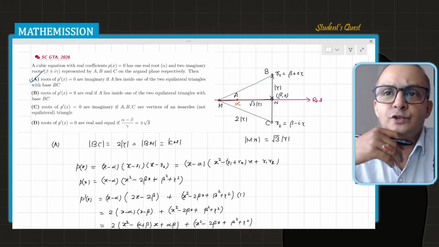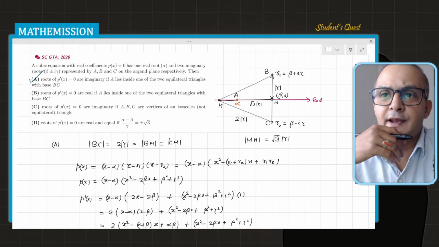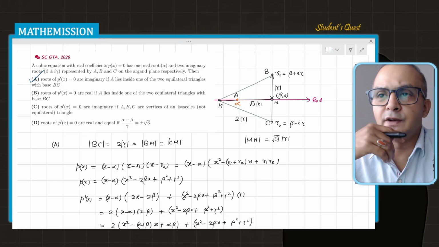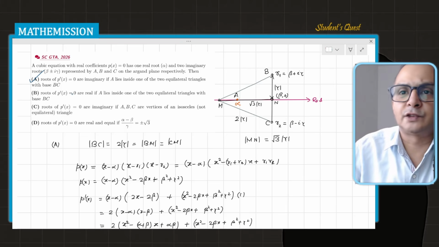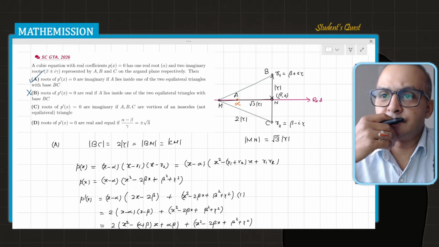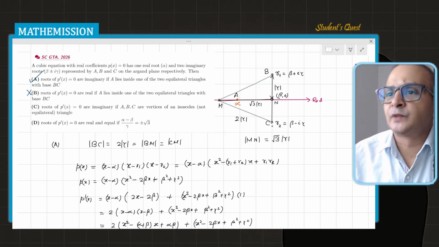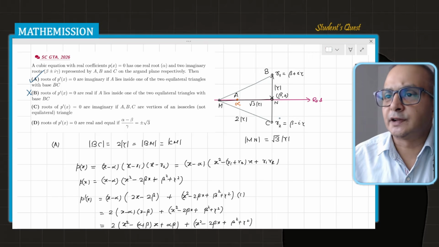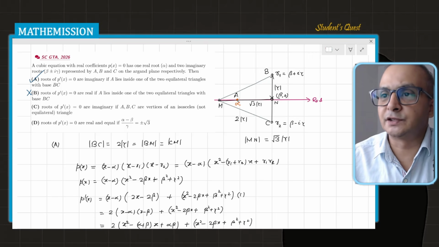The second part: roots of p(x) are real if A lies inside one of the two equilateral triangles. They're asking about real, but we have already proved imaginary. Roots of p(x) are imaginary if ABC are vertices of an isosceles triangle. It is not actually necessary.